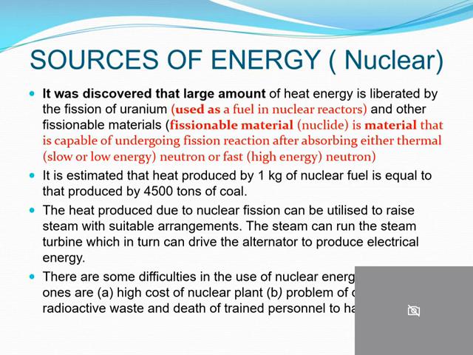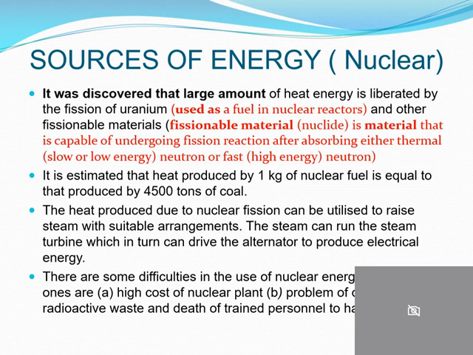So the heat produced due to nuclear fission can be utilized to raise steam with suitable arrangements, and that steam can run your steam turbine, which can then turn and drive an alternator and produce your electrical energy. There are some difficulties in the use of nuclear.